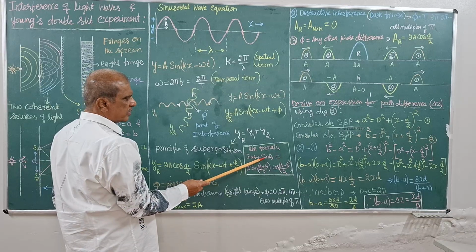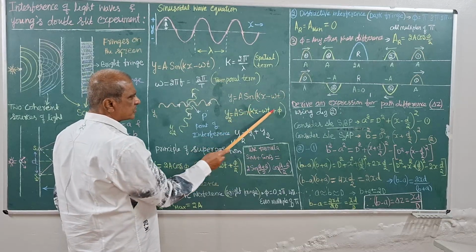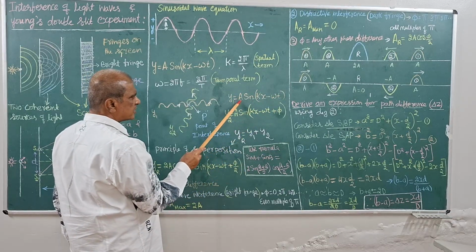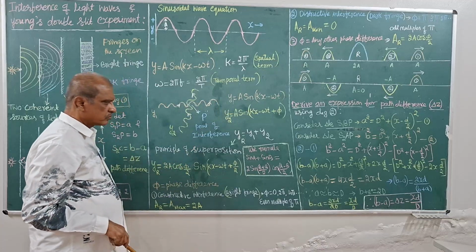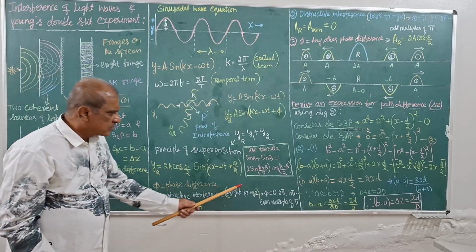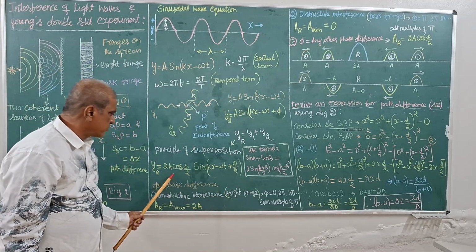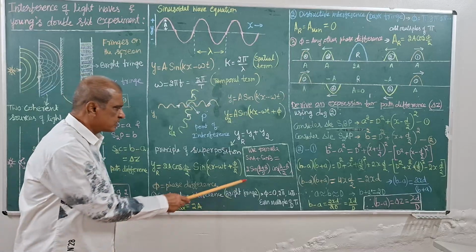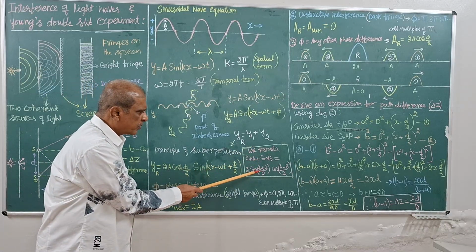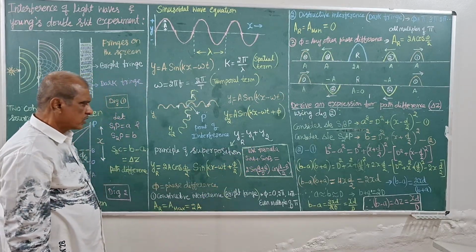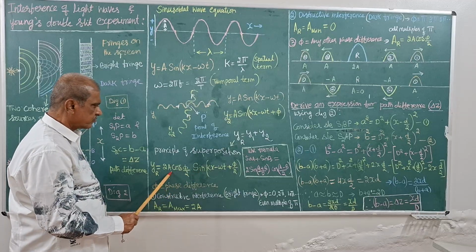Sin A plus sin B, where A is this and B is this. Use this formula and find out; we get an equation like this, that is, sum into product. We get cos and sine.